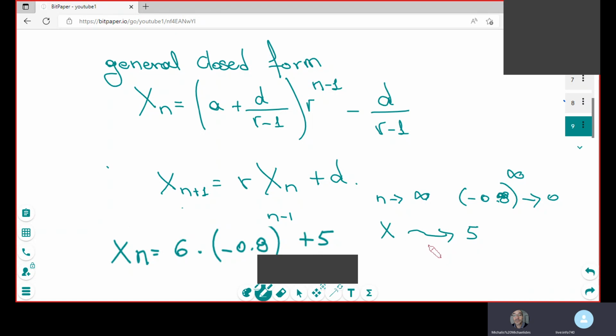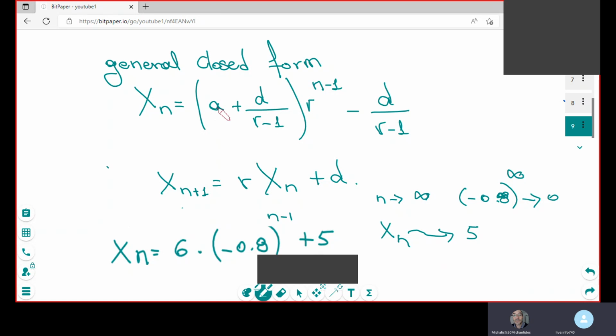Okay, so you can go in from the negative side or from the positive side, because the terms can either be positive or negative. So the sequence goes towards the value of 5. And this is the long-term behavior of the sequence. So it's not difficult when you remember this formula here, because all you need to do is to get the numbers in the formula, the a, then d, and the r.